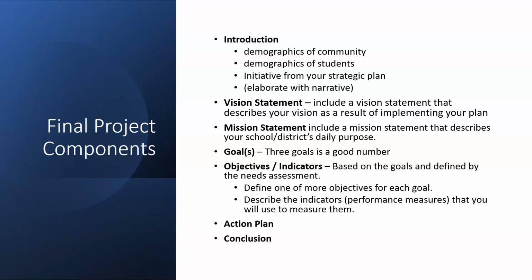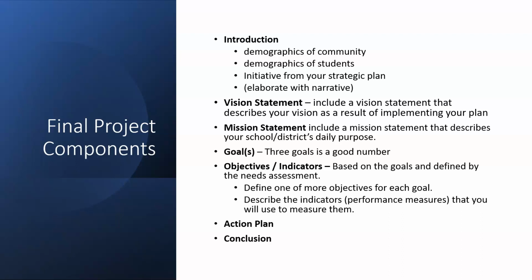Then you'll include the vision and mission statement, and this might be the vision and mission statement of your learning organization, or you might refine it to apply specifically to your goal. You'll want to have some more refined goals than the broad one that we have in the plan.